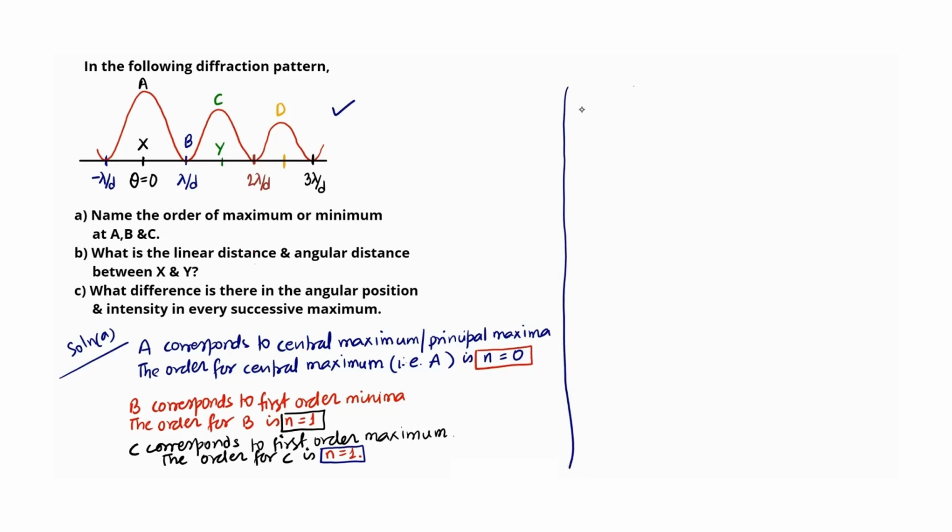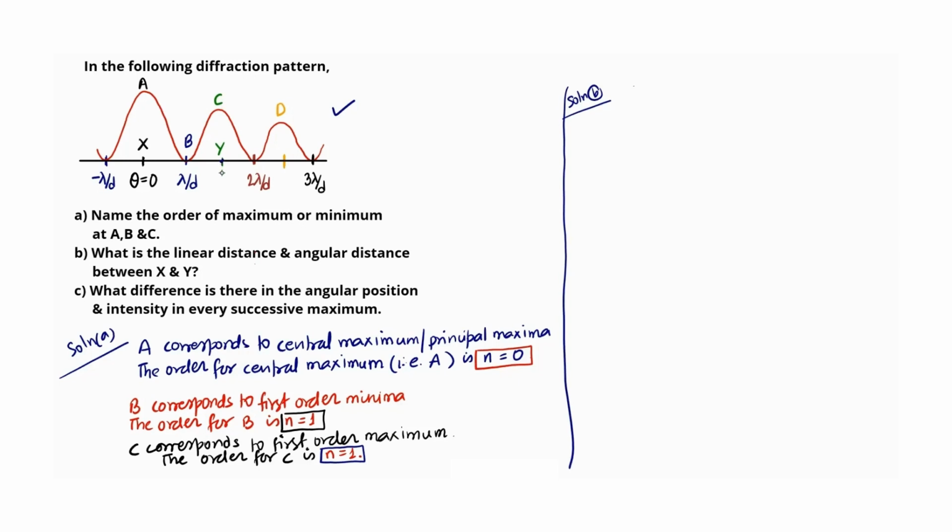Now let us go for the solution of question B. What is the linear distance and angular distance between X and Y? So we can see Y is at this position.